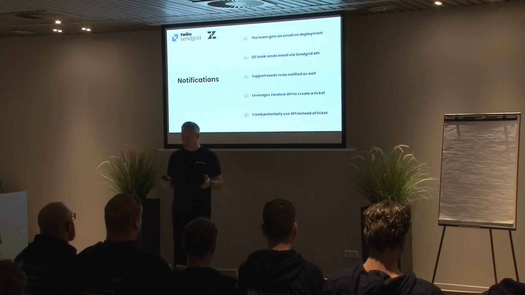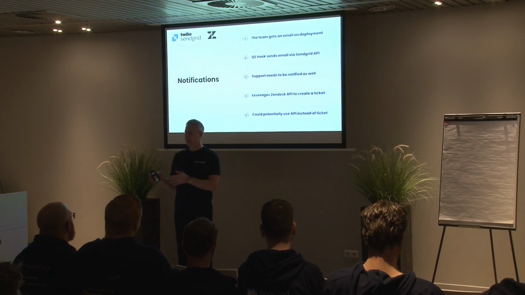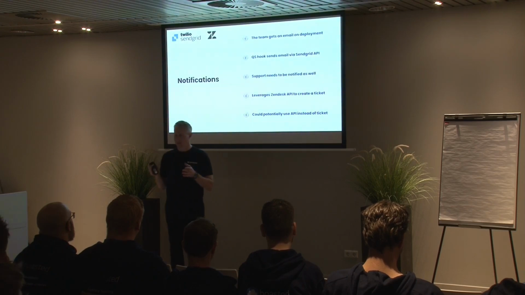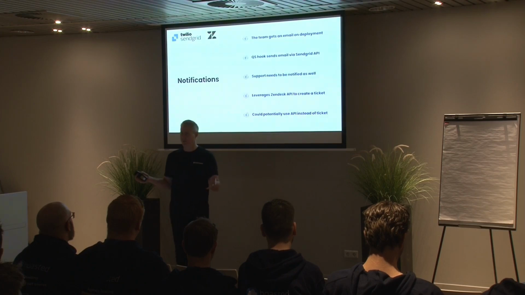So in this case, I wanted to think of a way to automate a manual process. The way that our team would do this is they would create a ticket and then go and implement it in their system. So it would be adding the IP restrictions, but they would have to be notified about that.